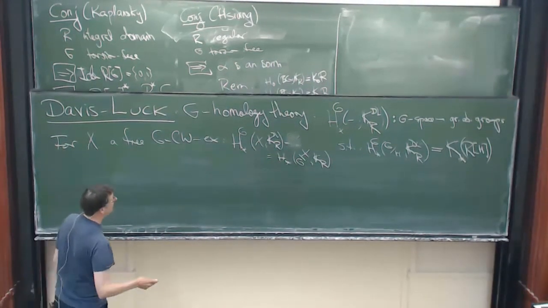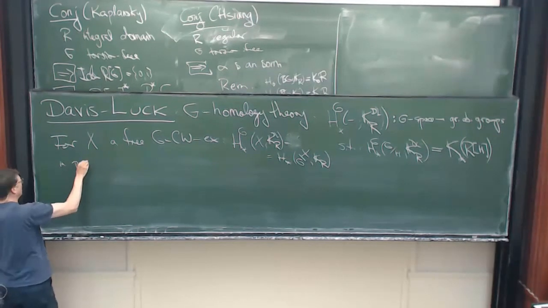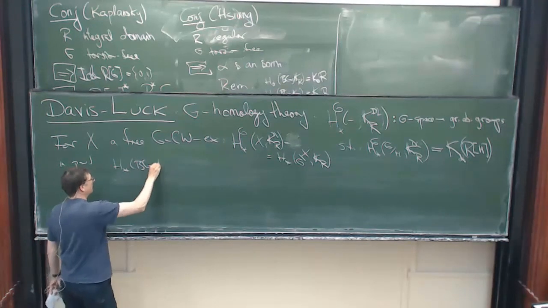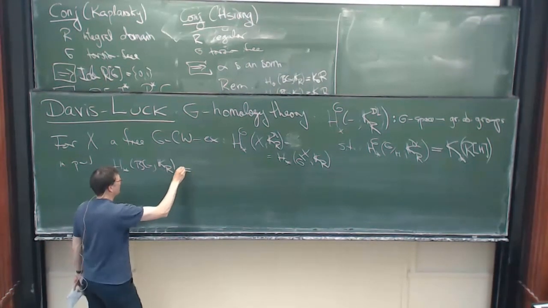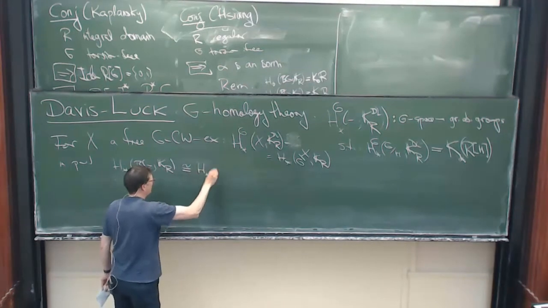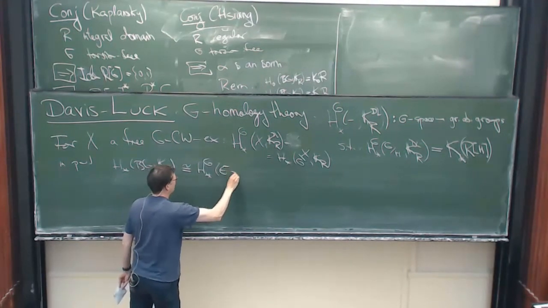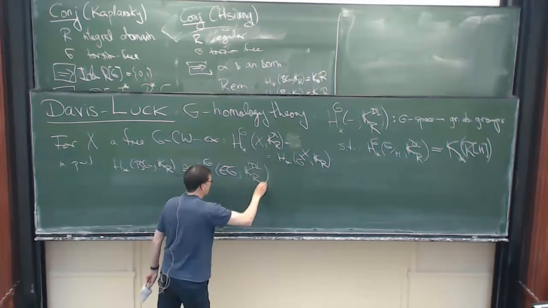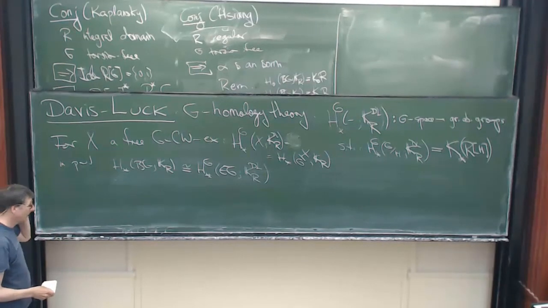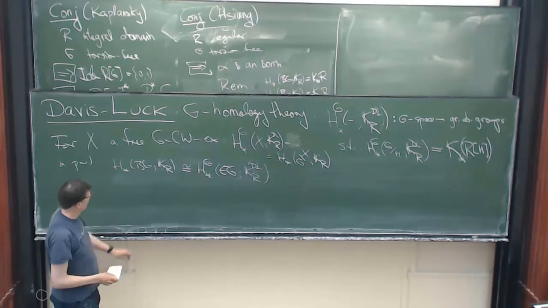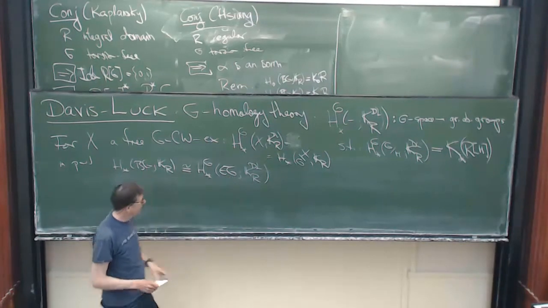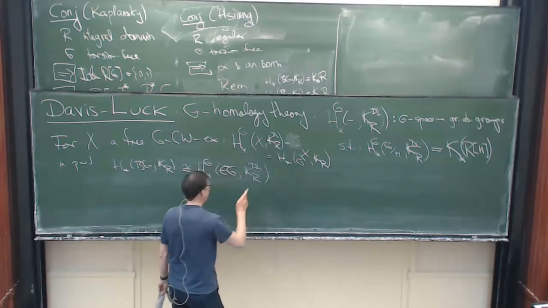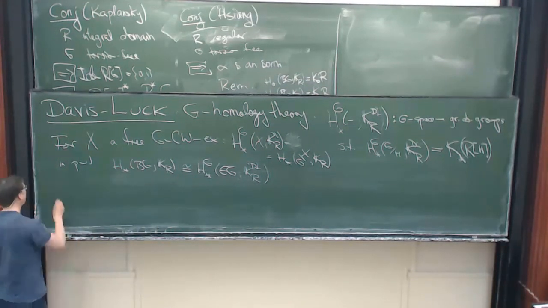So in particular, the left-hand side we had before can be expressed in this equivariant language as the equivariant homology where we pass from BG to its universal cover EG. And then I can tell you what the assembly map is.